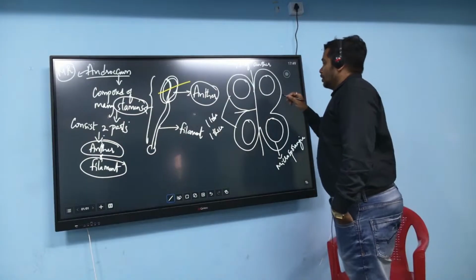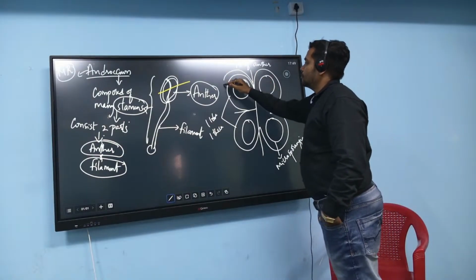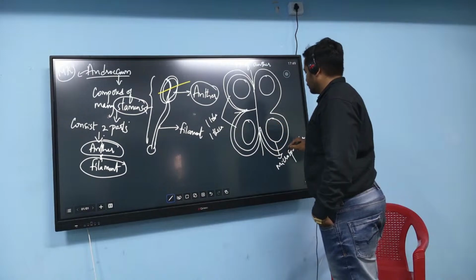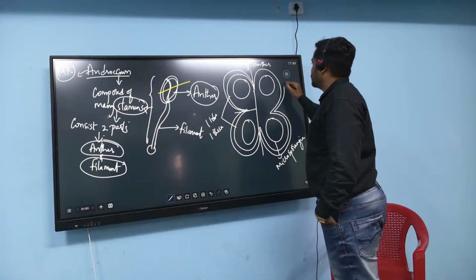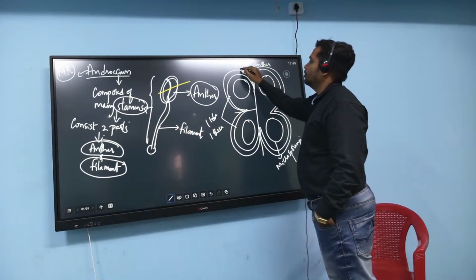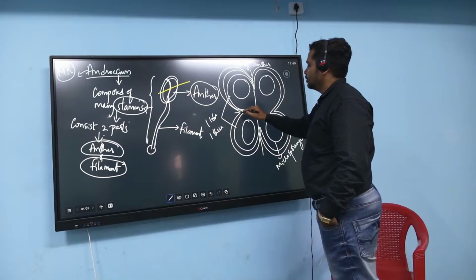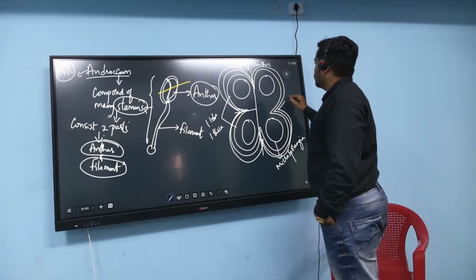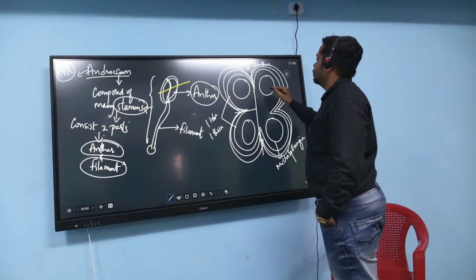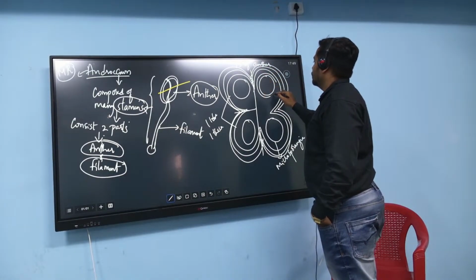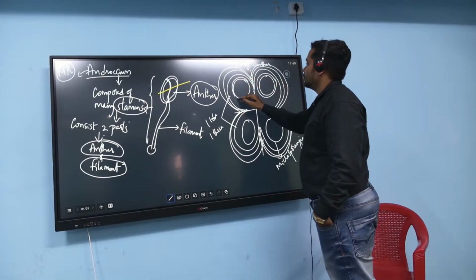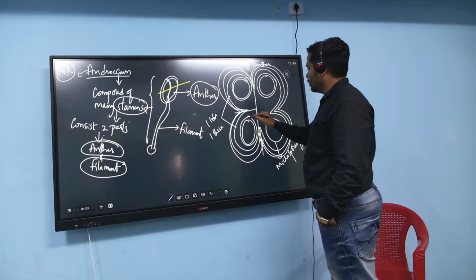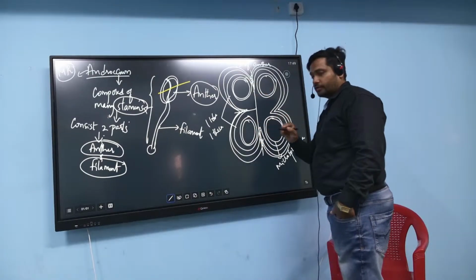Now, from outside, it is covered by how many layers? Totally four layers. The anther is covered by four layers.